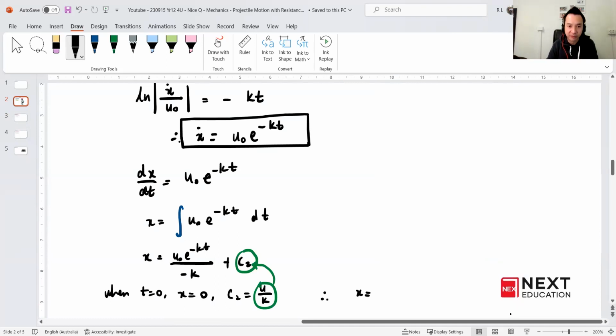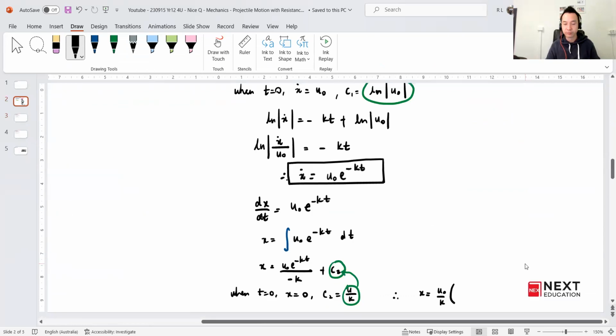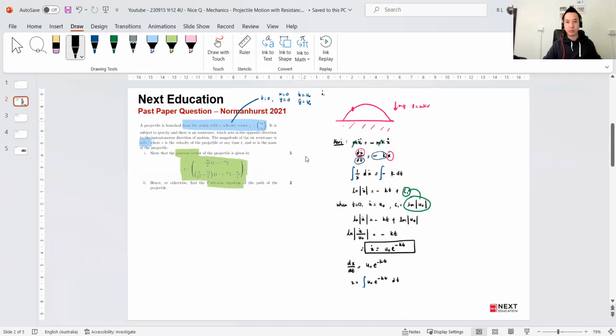When I sub it in, I'm going to factorize u0 on k out. Actually, let me look at my question. Just make sure. u0 on k, perfect. So u0 on k, and there will be 1 minus e to the minus kt. How's that? Yeah, so that's the x value, right? That's done for that one there.